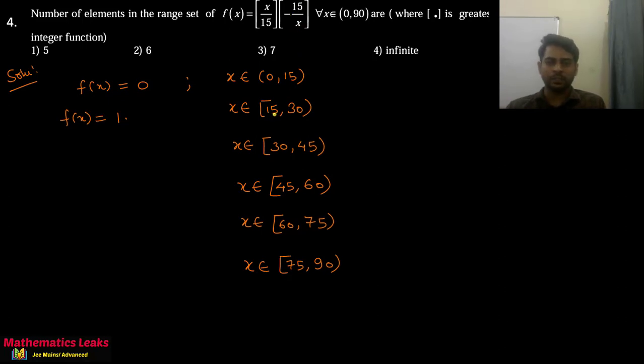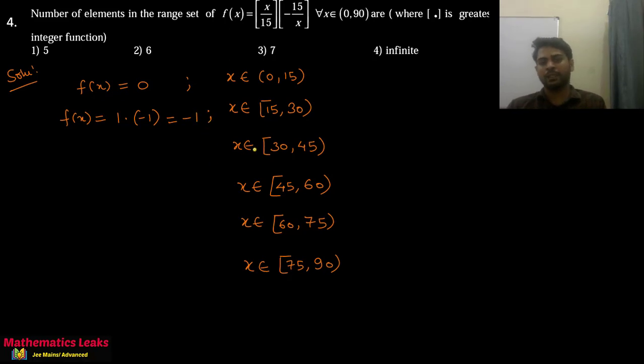And when x is between 15 and 30, obviously the denominator is greater than the numerator, so it will be a negative fraction, and the greatest integer of a negative fraction will be -1. So at 15 it gives greatest integer -1, and between 15 and 30 also -1. So here it equals -1.